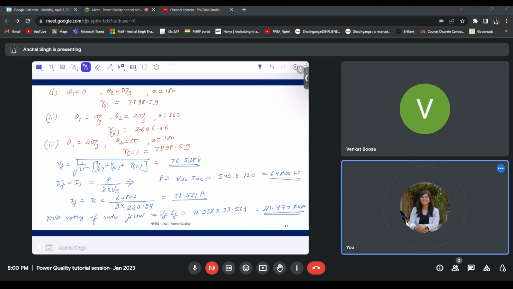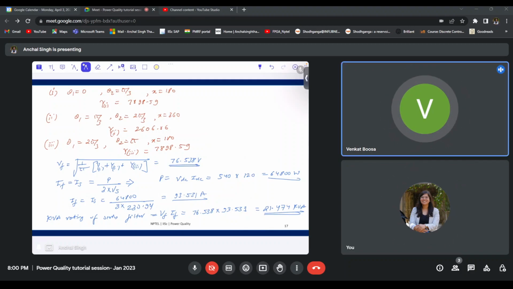A single phase VSI with square wave AC output of 220 volts RMS at 50 Hz is feeding a critical linear load of 4 kVA, 230 volts, 50 Hz, 0.8 lagging, madam. A single phase series active filter is used in the system to eliminate the voltage harmonics and regulate the fundamental 230 volts RMS across the load, madam.